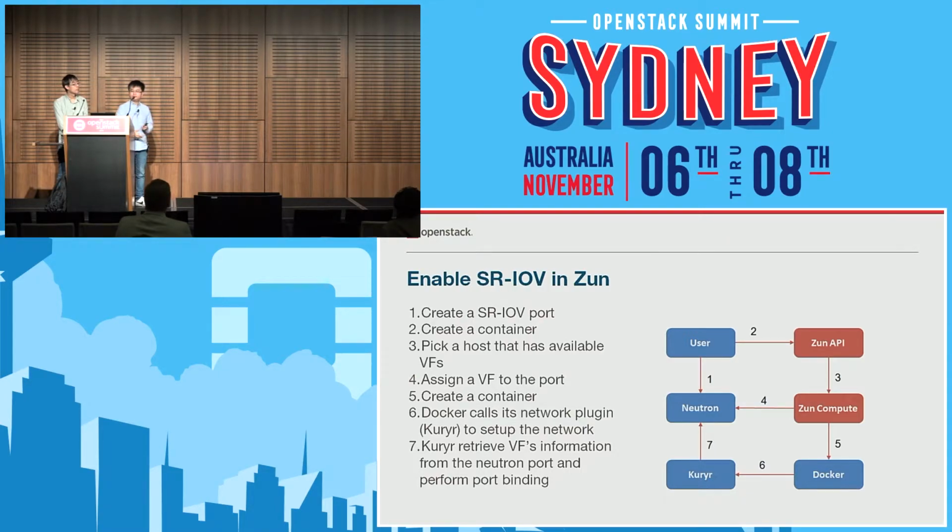Docker will use Kuryr to set up the networks. Kuryr will retrieve the VF information from the Neutron port, do the corresponding Neutron port binding, and pass through the VF to the container. This is what the workflow looks like.